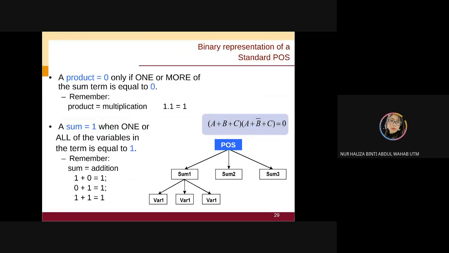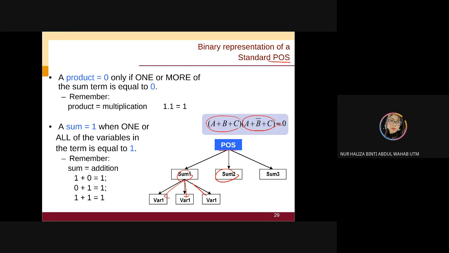If you still remember, last time I already mentioned you're not going to only look at the truth table where f equals 1. I did mention sometimes you're going to look at 0. So here, under our POS, POS will be sums of variables, which is adding, and then you multiply.